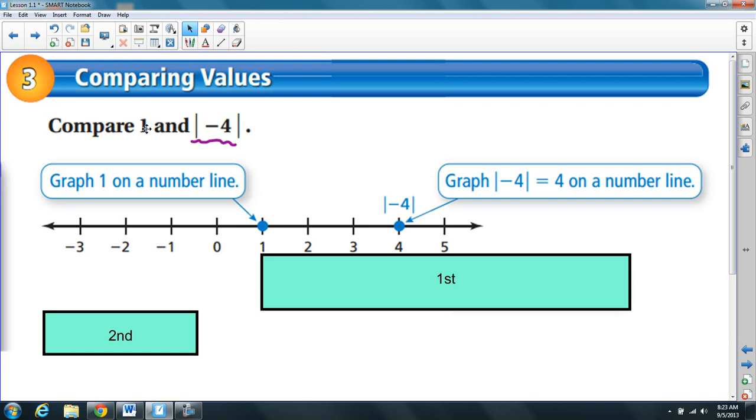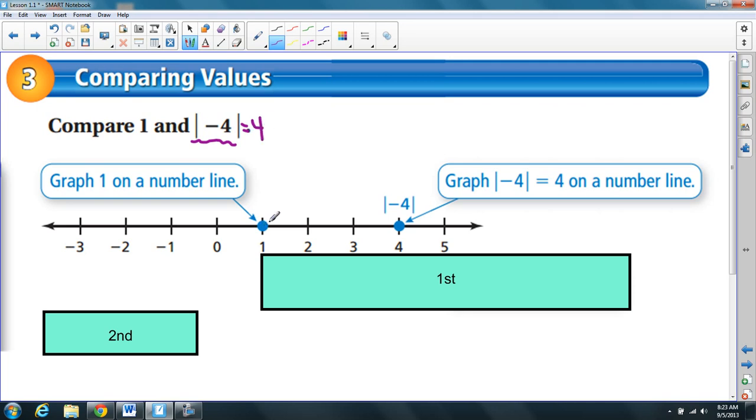Okay, so 1, it's just an integer, so we're able to place that right on the number line, right there. All right, the absolute value of negative 4, that's a question. What is the absolute value of negative 4?